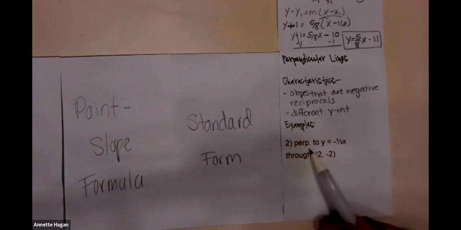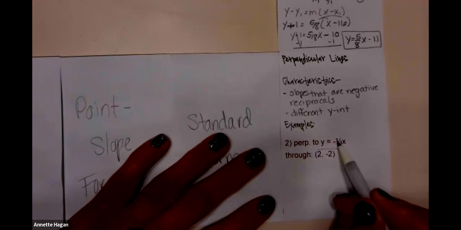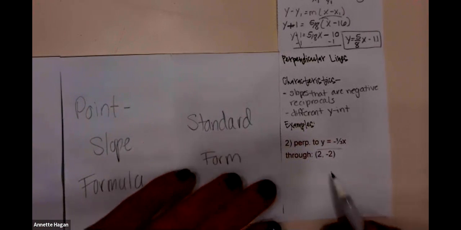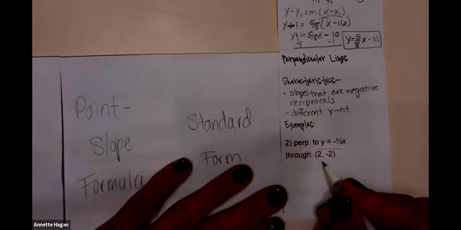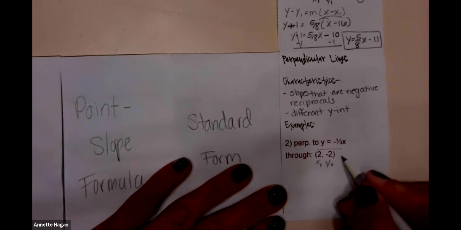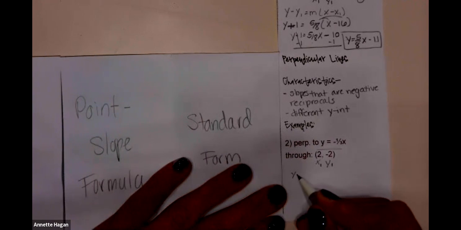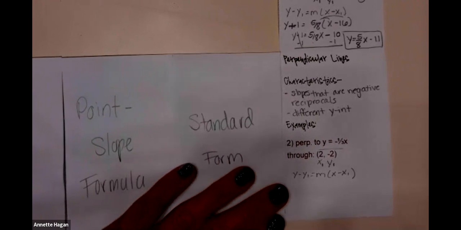So we're going to write an equation of a line perpendicular to y equals negative 1/3 x that passes through (2, -2). Again, it passes through (2, -2), so that's our x1, y1. Now we have a point, so we're going to start in point-slope form, but we still need a slope.